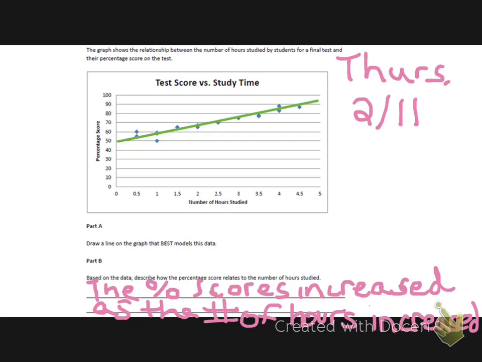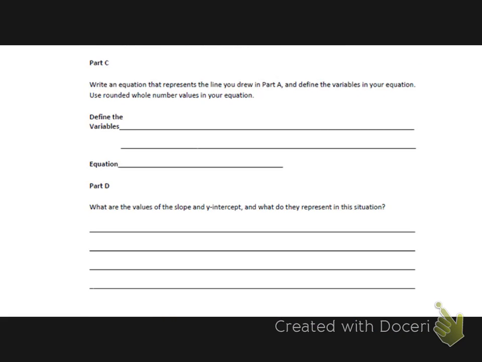So now let's look at part C. Part C wants us to write an equation that represents the line you drew in part A and define the variables in your equation. Use rounded whole numbers in your equation. So first we're going to define the variables.